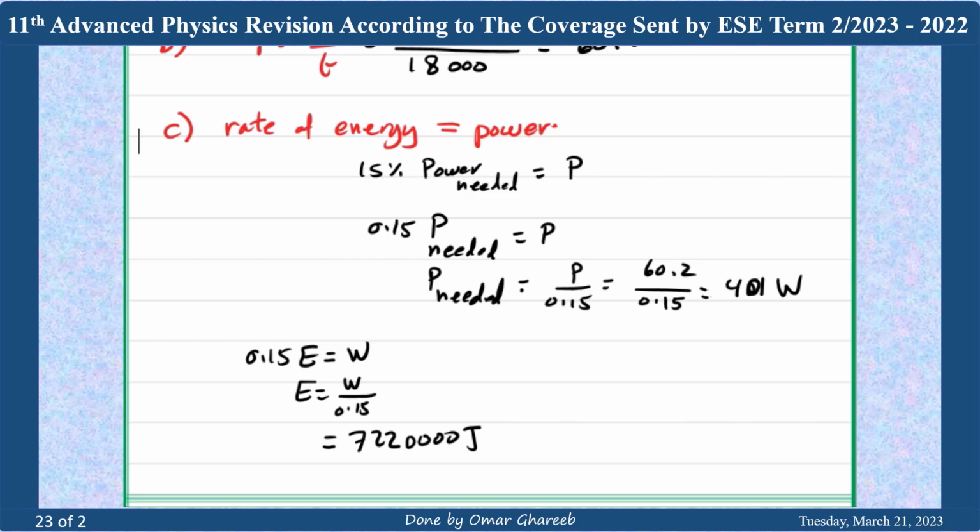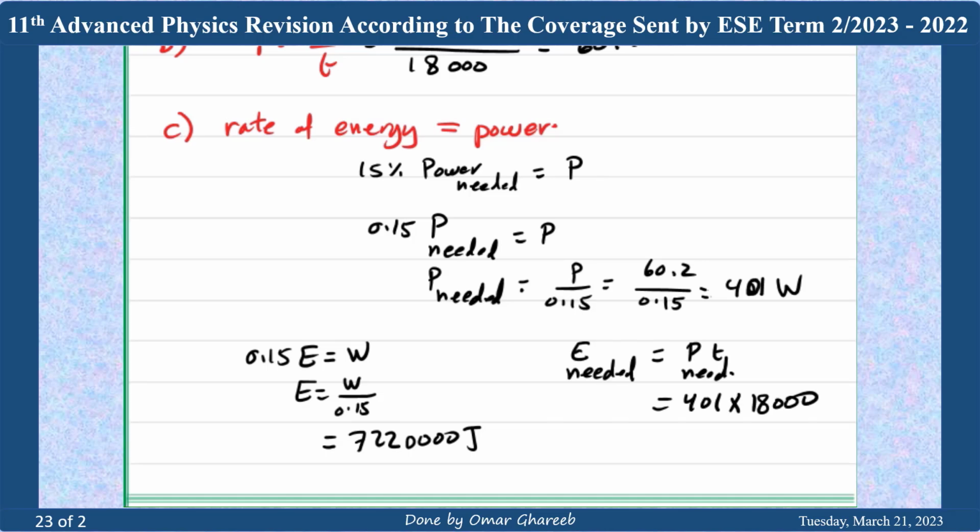For this, this is the power needed. E needed is power times time. The power is 401 and the time needed is 18,000 seconds.